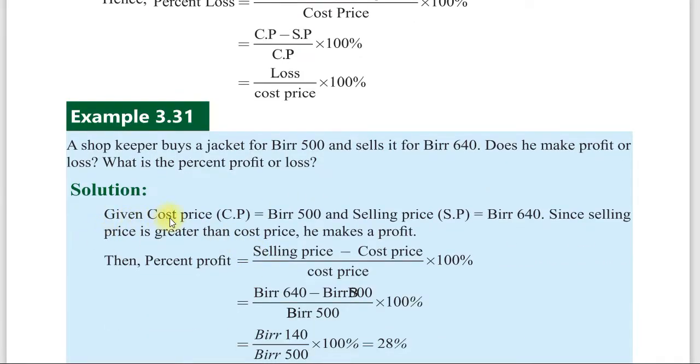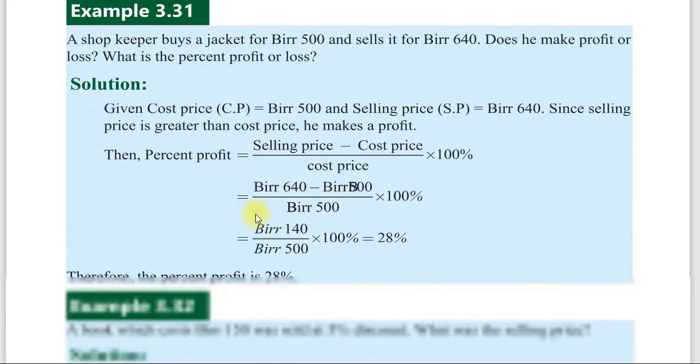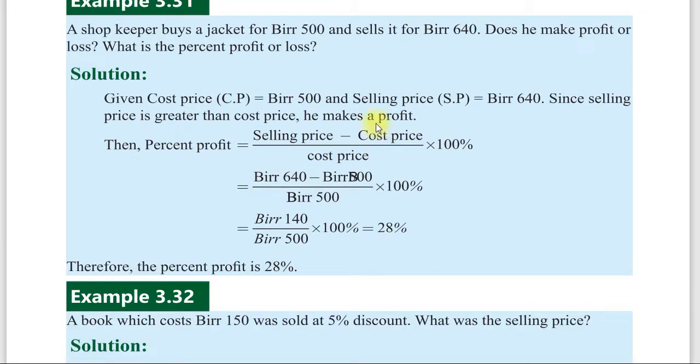So, given cost price CP equals 500 and selling price 640. The selling price is greater than the cost price, so he makes a profit. When we express it as a percent profit, it equals selling price minus cost price over cost price times 100%.